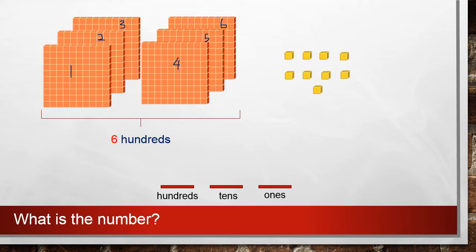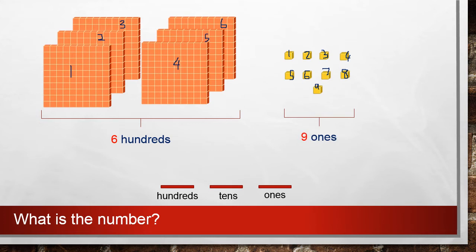Then we move to the yellow block, which is ones block. Let's count by 1. 1, 2, 3, 4, 5, 6, 7, 8, 9. We have 9 blocks of ones or 9 ones.